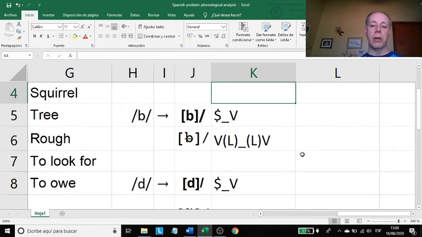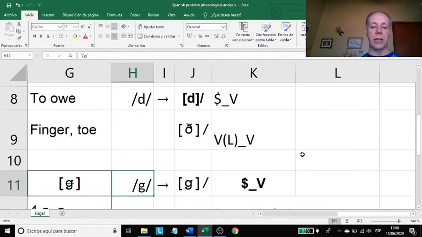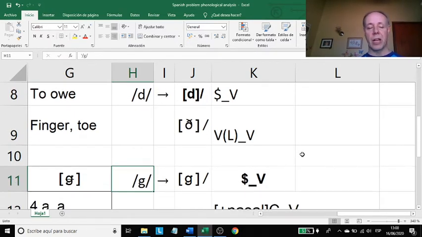So how are we going to do that? First, we need to look at these three phonemes, b, d, and g. They need to have something in common. What do they have in common? We need to take into consideration voicing. Are they voiced or voiceless? Yes, you're right, they are voiced.